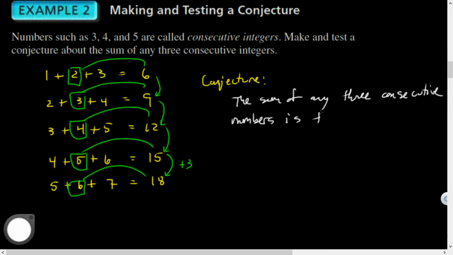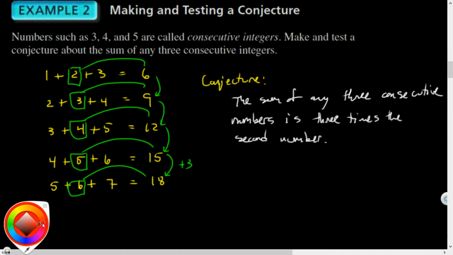Three times the second number? Right, so that's a conjecture, and now we should test it. Okay, so we can test a few examples here and see if we can find a counterexample.